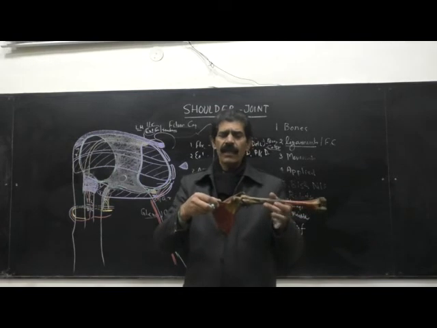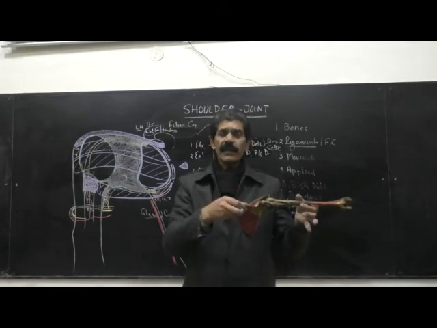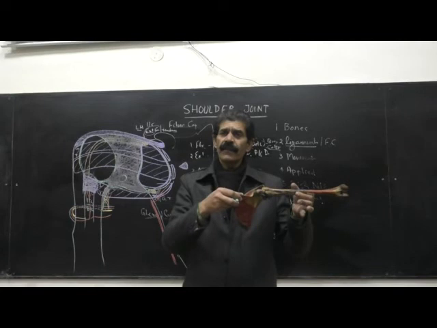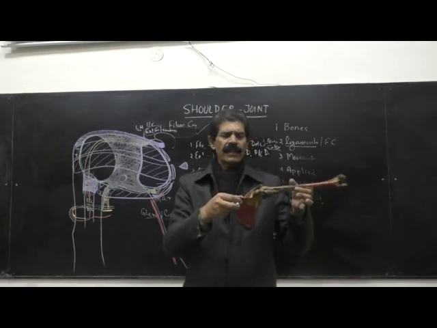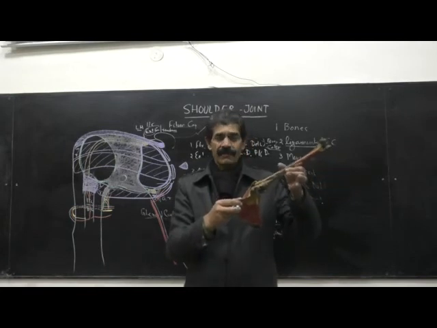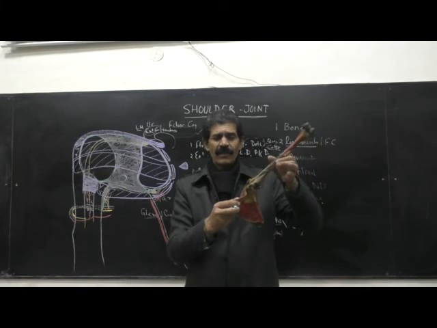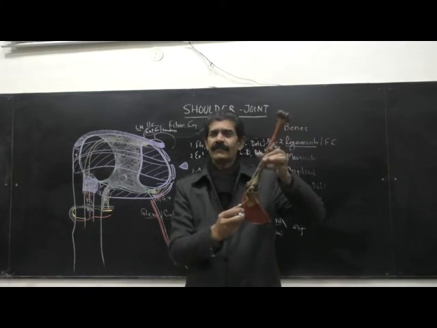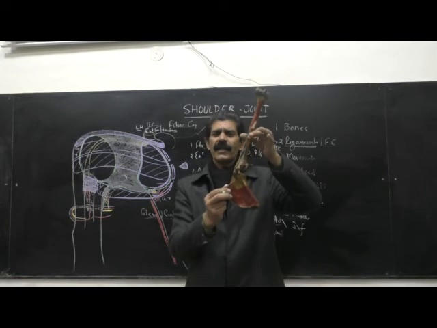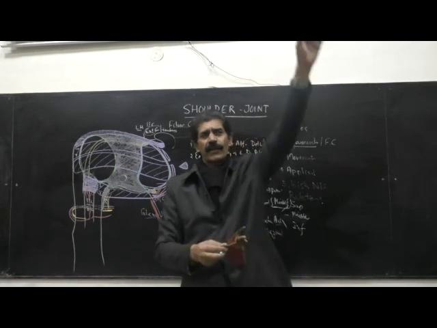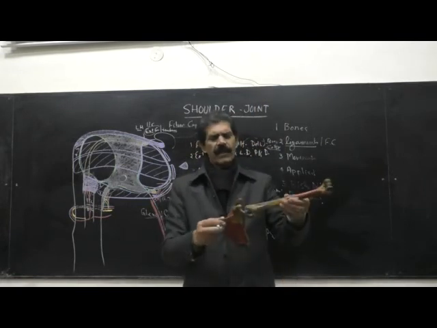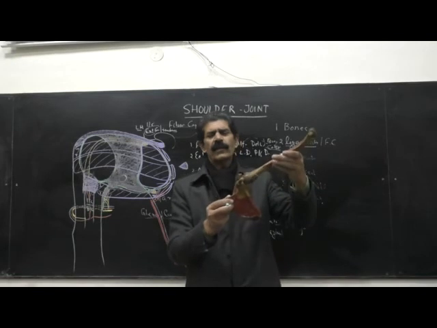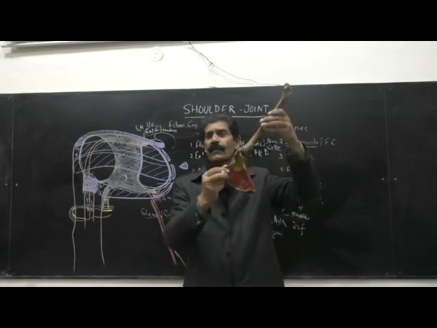Now when the trapezius contracts, the scapula along with the upper limb, or the humerus, will go up. This final position is the 180 degree abduction, done when the scapula is moved upward along with the whole upper limb.